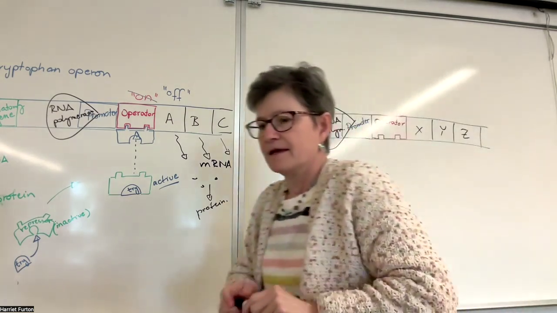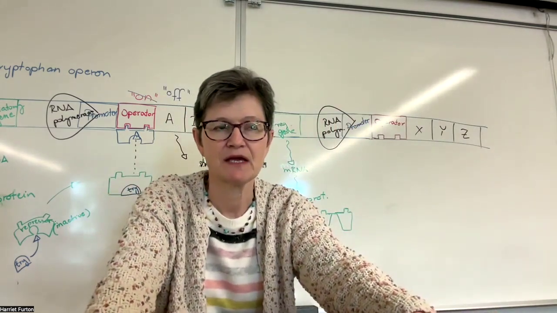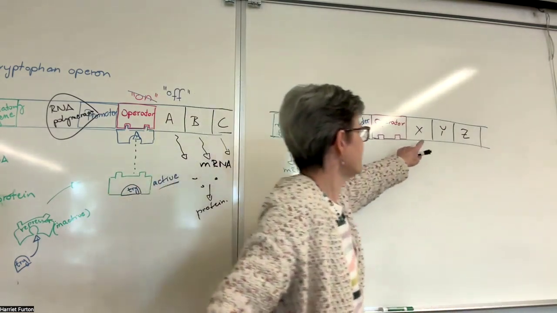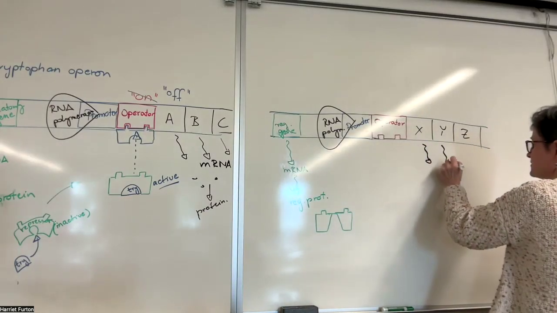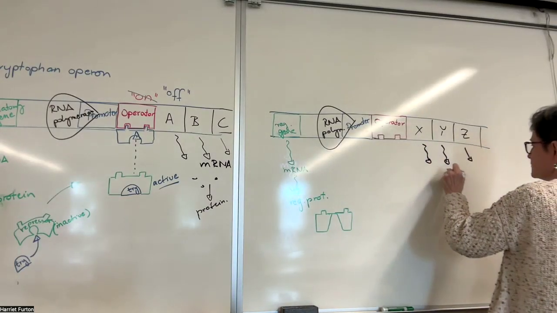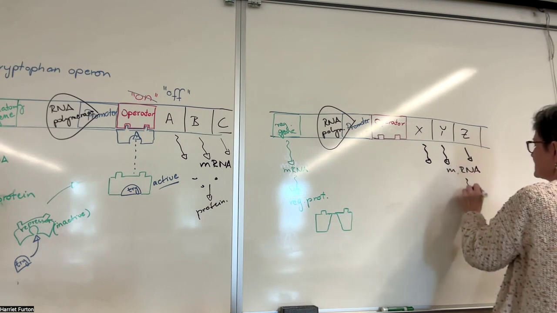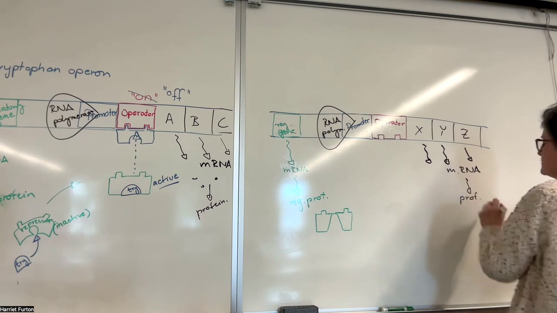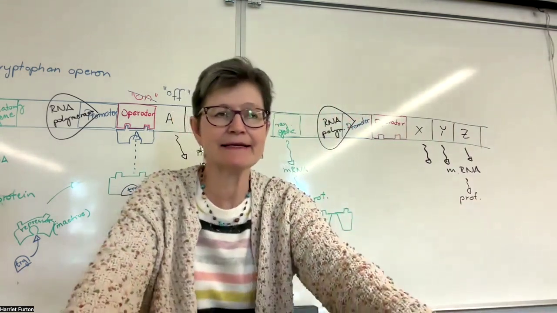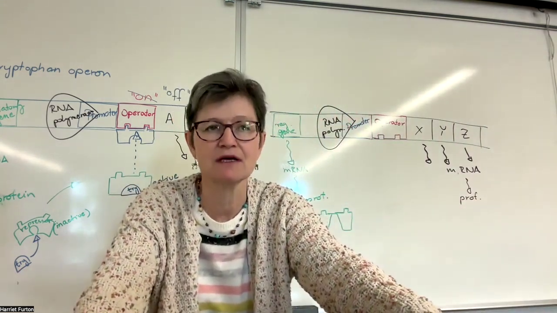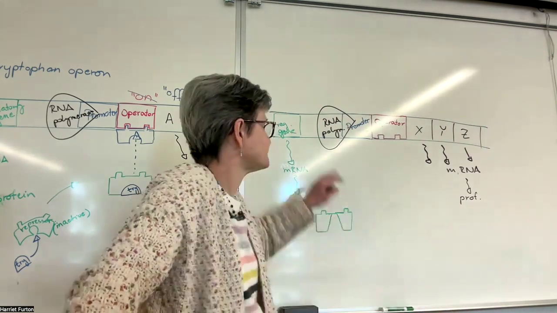Now, this inducible operon is going to transcribe those genes to messenger RNA, that will make proteins, and these proteins are going to be enzymes that help break down the lactose into simple sugar for the bacteria.